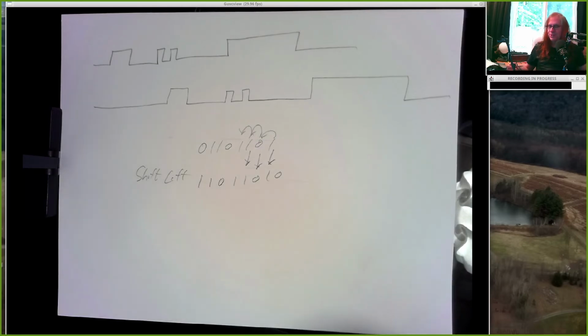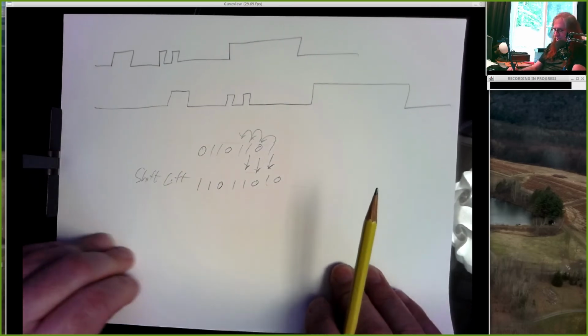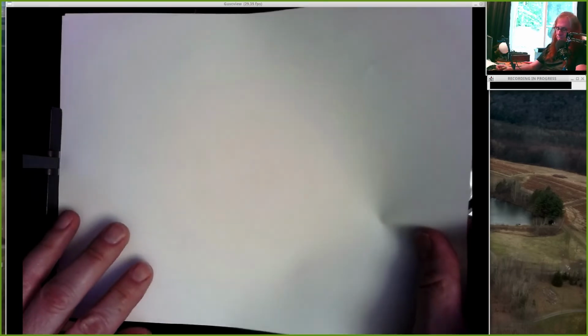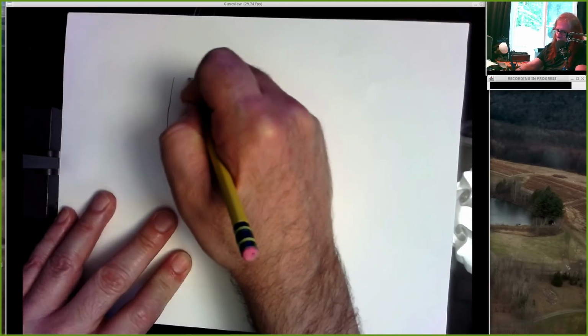And so the circuit we're building is basically a shift register, and the effect is it's going to give us this delayed copy from input to output. So imagine this circuit.